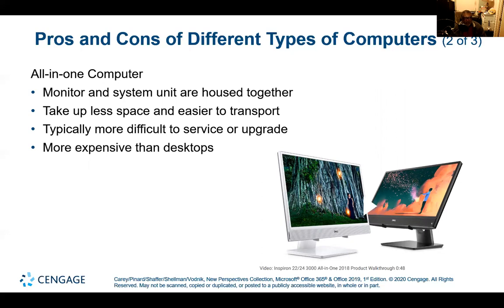Monitor and system unit are housed together, taking up less space and easier to transport. They're typically more difficult to service or upgrade, and more expensive than regular desktops. If anything breaks on it, the entire thing has to go to the shop. You can't substitute any pieces or parts for the items that are broken.